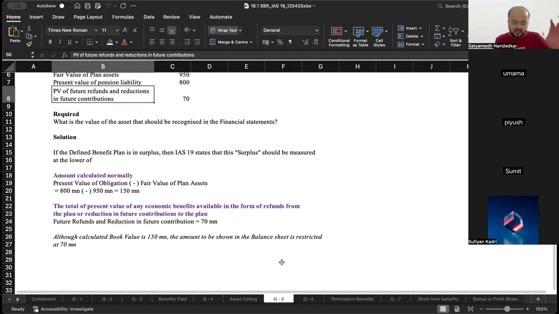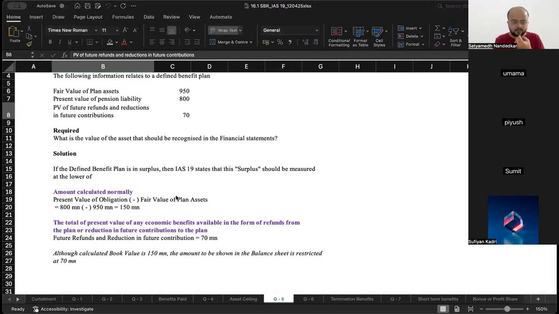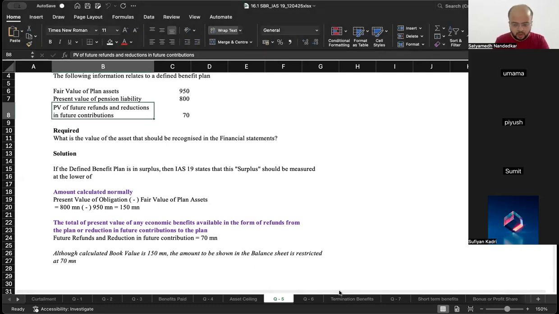Okay. एक बार have a look at how we have written this. ठीक है. चलो.